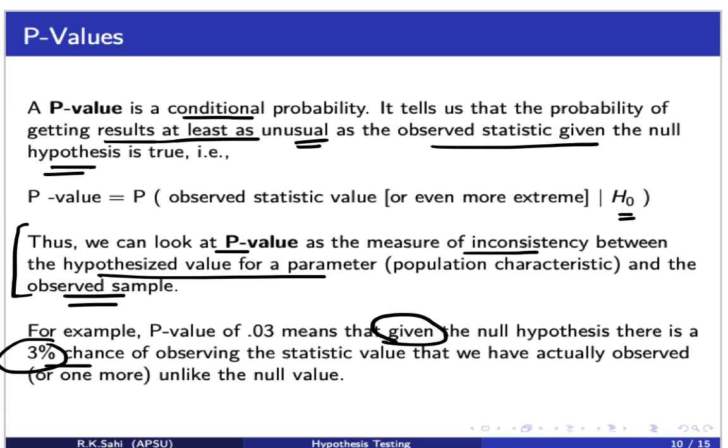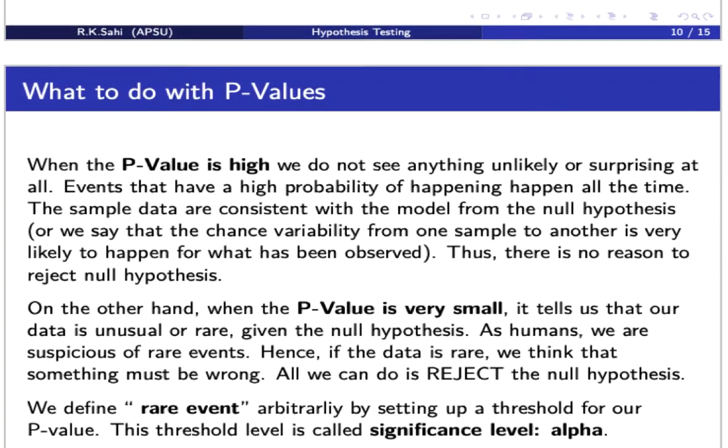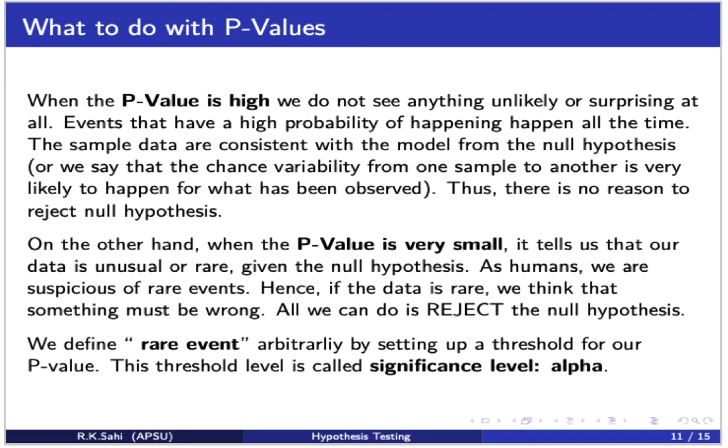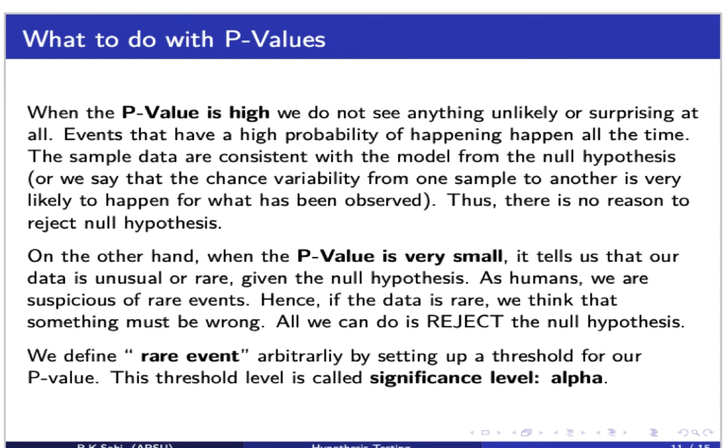Now, what do we do with these p-values? I have explained this initially, and I will just go through it with you again. If your p-value is very high, it means it's ordinary, not so surprising. It's as usual happening. These are kind of things which keep on happening all the time. Like, every day the sun will set, the moon will rise.